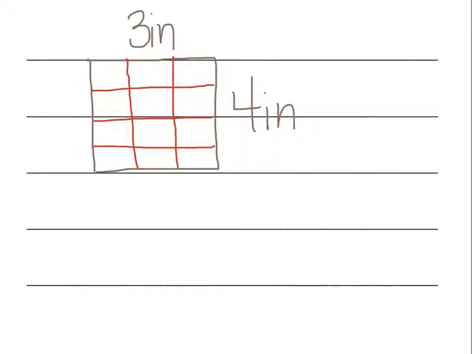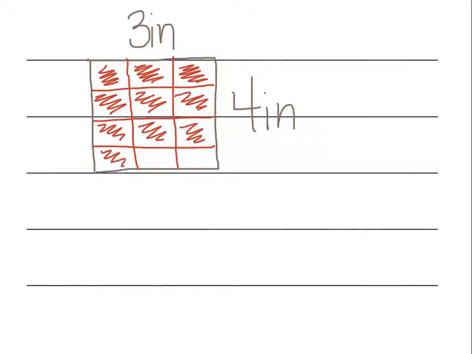So, unlike perimeter where I went around the outside, in area I'm counting the pieces on the inside. 1, 2, 3, 4, 5, 6, 7, 8, 9, 10, 11, 12. So I can say the area equals 12.